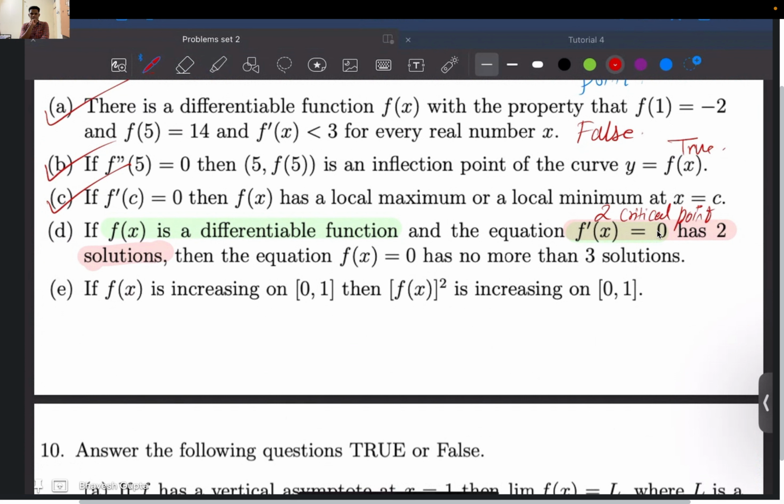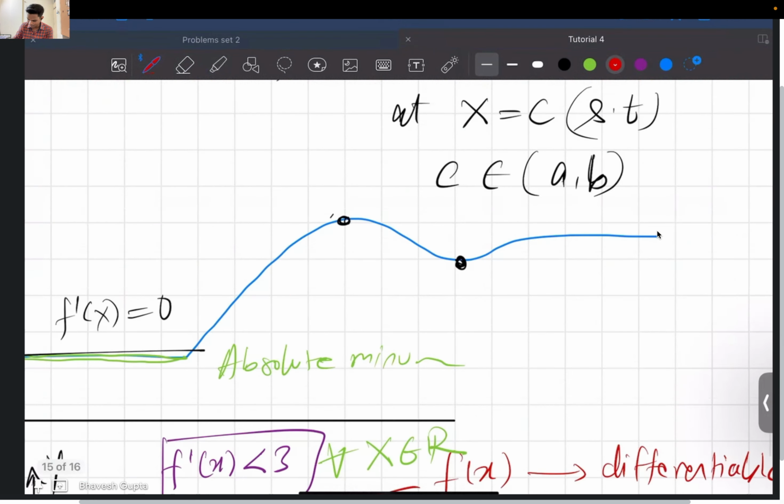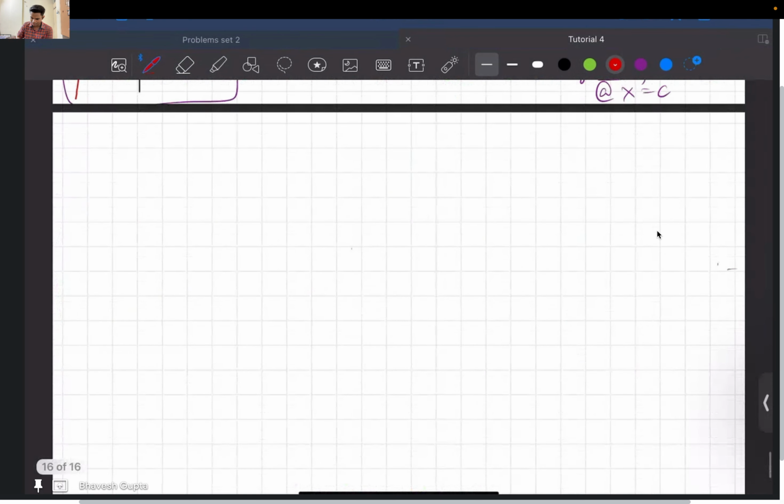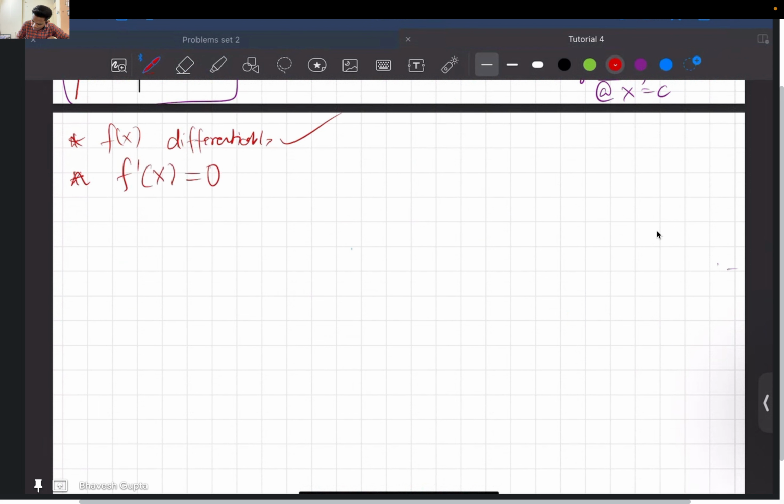So the question is, and the function has no more than three solutions. How can we interpret this? The way we can check is by writing all the values of x. Differentiable means I don't have to lift my pen. I can have a continuous line. And they told me that f dash x equal to 0 has two solutions.